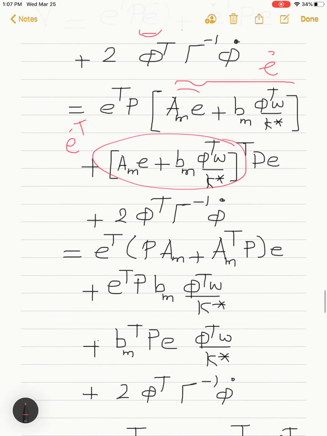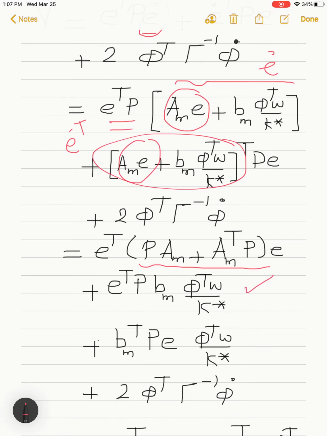Collect together these two terms here. So that would be E transpose P AM plus AM transpose P times E. And then I multiply E transpose P by BM phi transpose omega divided by K star.